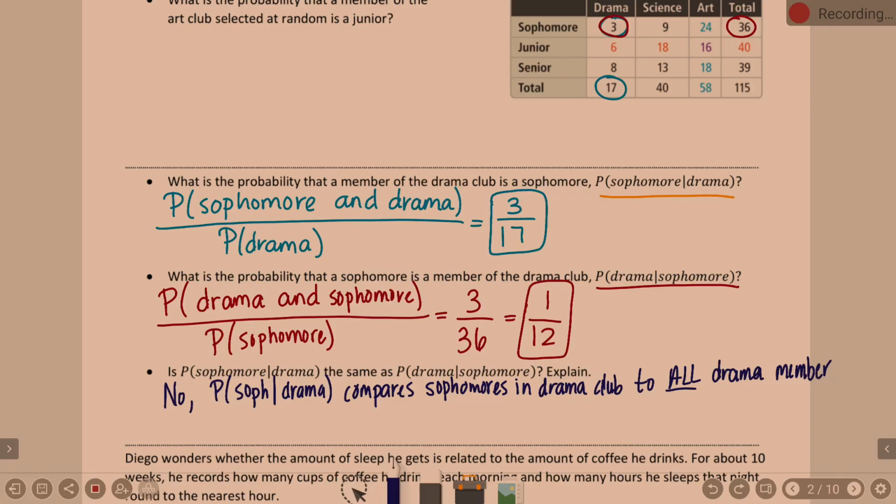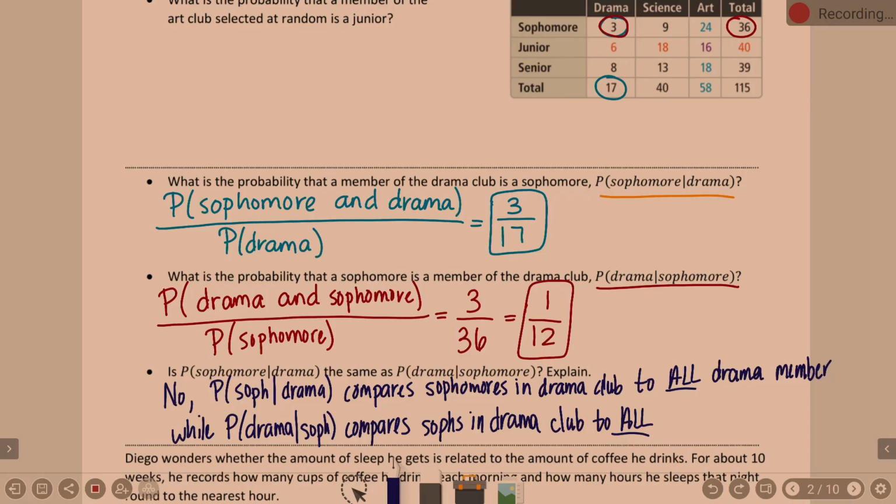Okay, I mean, it really has to do with what it compares to. While the other one, probability of being in drama club, given that you're a sophomore, compares sophomores in drama club to all, and this time it's comparing to all sophomores.